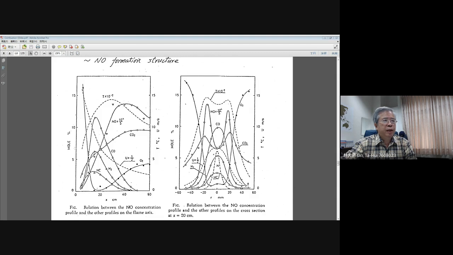Okay, you can see temperature increase, then the NOx increased, and it shifts a little bit downstream of the maximum temperature, reaches the maximum point, and later on decreases. Actually, this variation in NOx formation is controlled by the temperature variation. It is completely similar to that described for the gaseous diffusion flame.